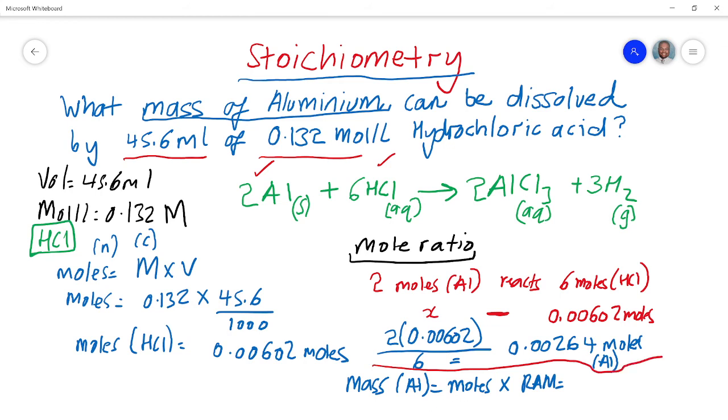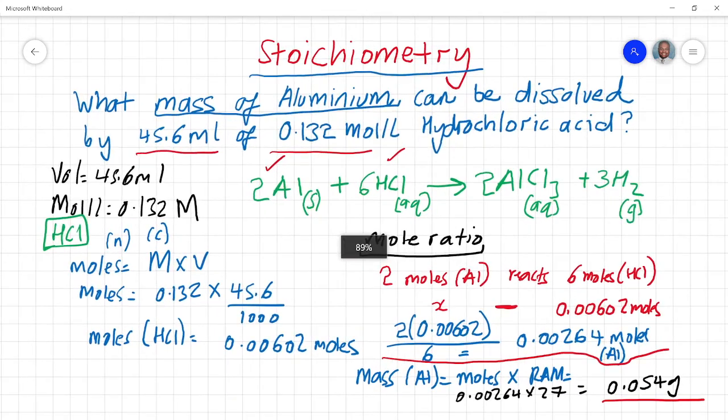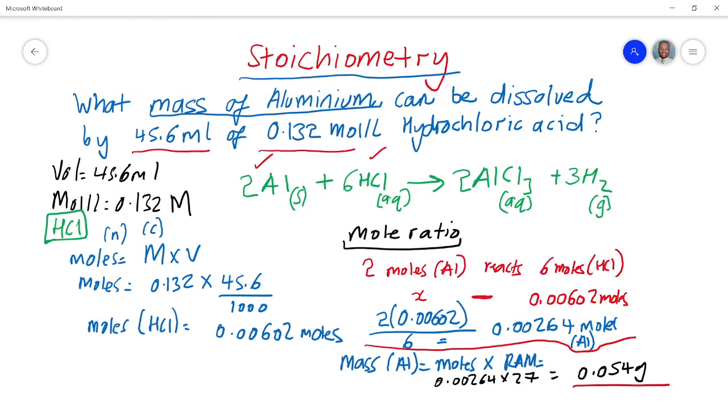So we get 0.00264 multiplied by 27, and you should get 0.054 grams of aluminium. That's literally how you work through this. So that's how you solve these questions involving stoichiometry.